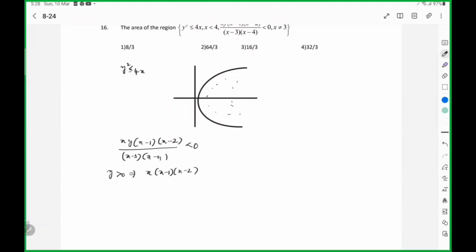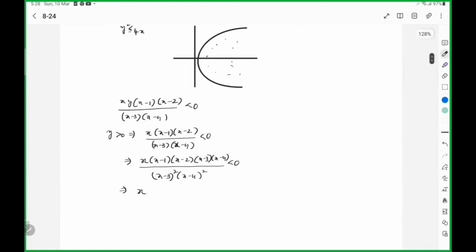Then you have x minus 3, x minus 4 negative, which implies negative. So whole square is anyhow either positive or equal to 0.